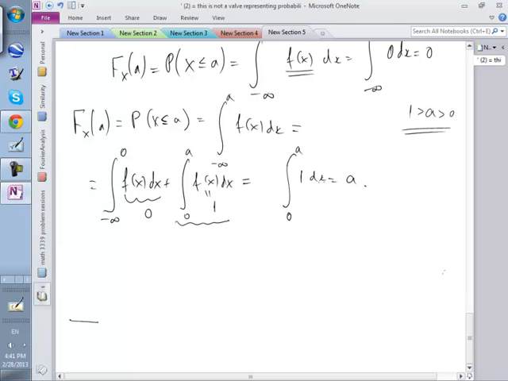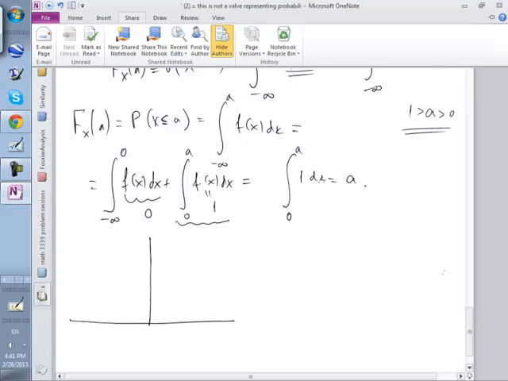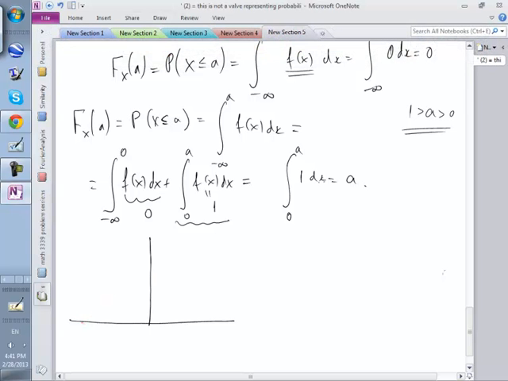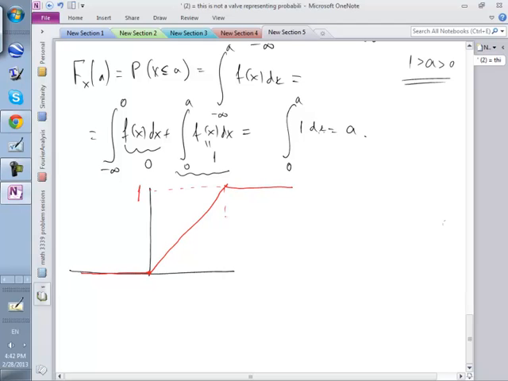So now if we do the graph of the distribution function, we go here, then we go up to 1, and finally we reach 1, and we continue straight. Now, when do I reach the value 1? When does the distribution function reach the value 1?